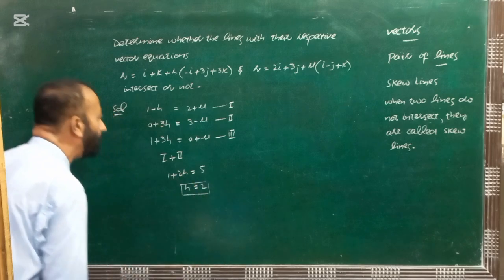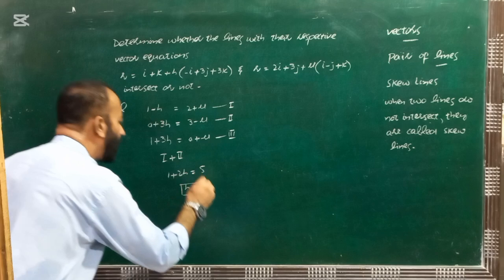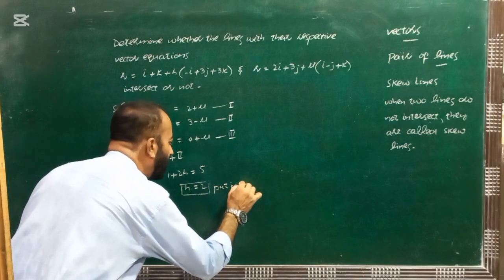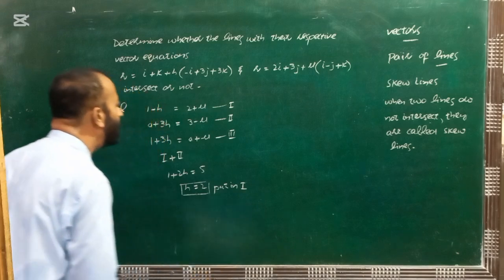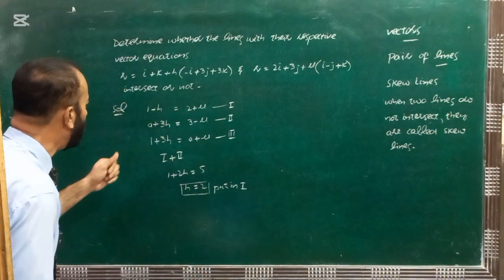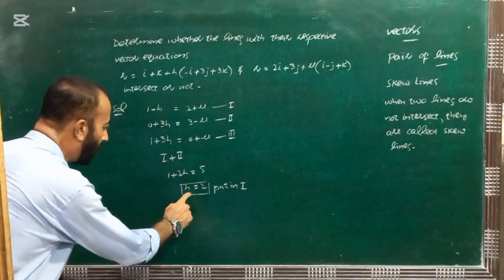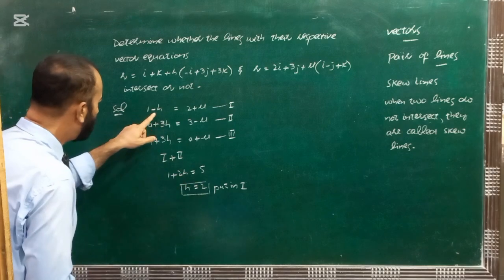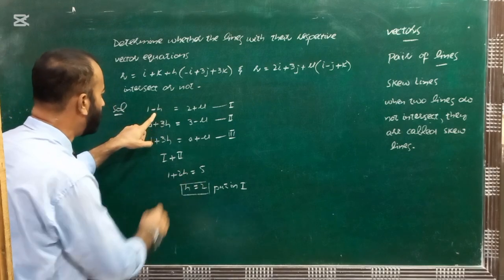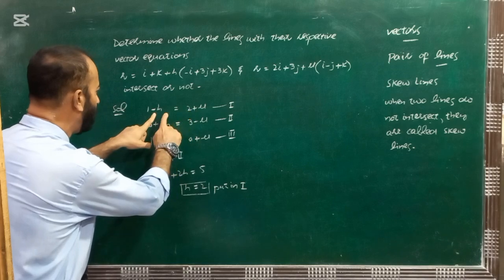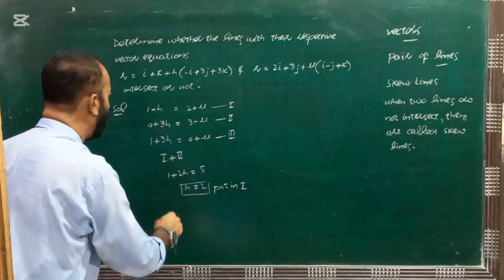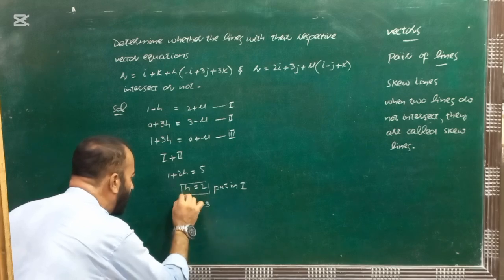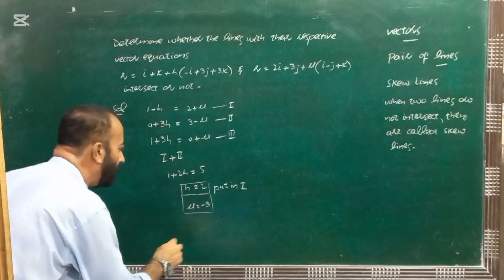This is the value of lambda. Putting the value of lambda in 1 or 2 is up to you; whichever equation seems easy, put the values in that equation. So lambda is 2, put it in 1. So 1 minus 2 will be minus 1. This 2 will come to the left hand side, so mu will be minus 3. So these are the values of lambda and mu.